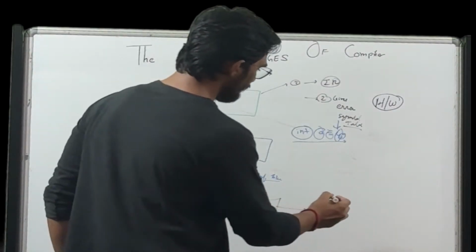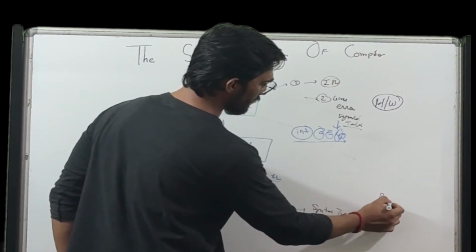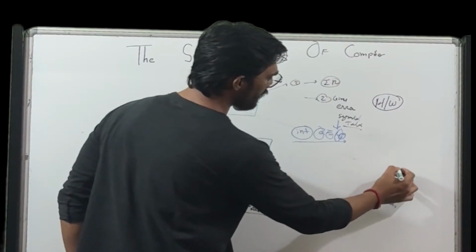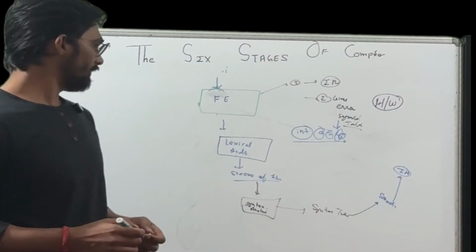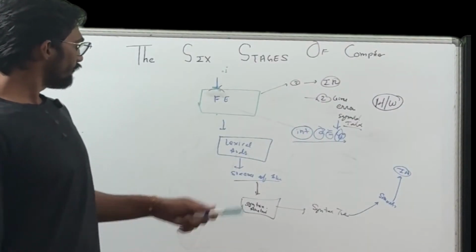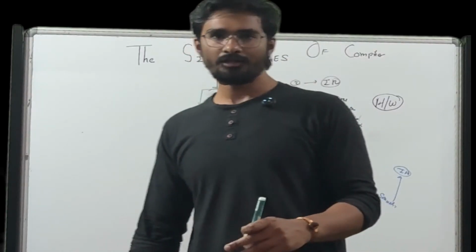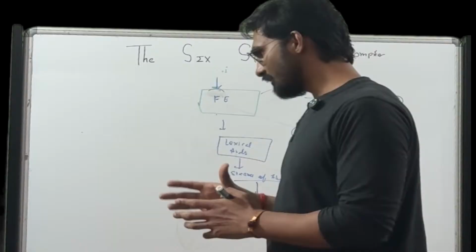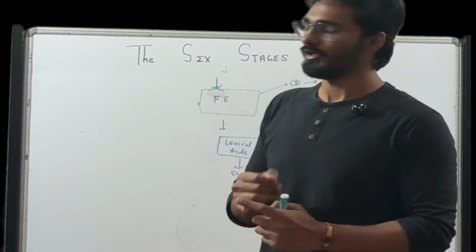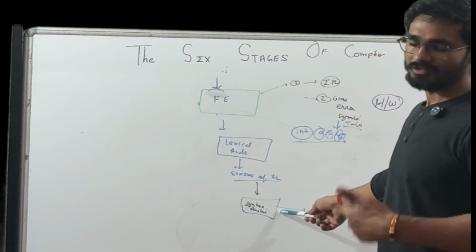Once the syntax tree is generated, semantic checking happens, and then we get an IR. This is the complete flow of the front end. From the front end, lexical analysis comes first and we get a stream of tokens. Then syntax analysis gives us a syntax tree.